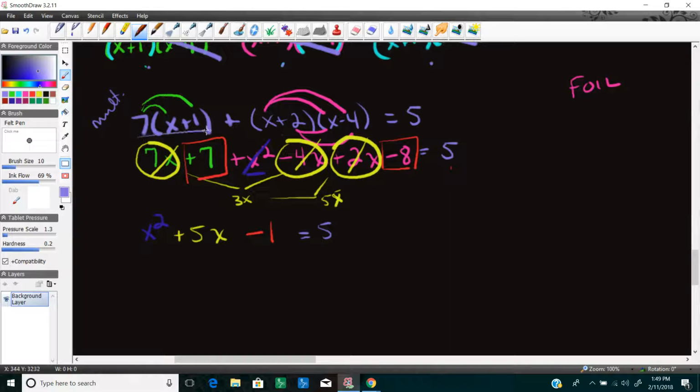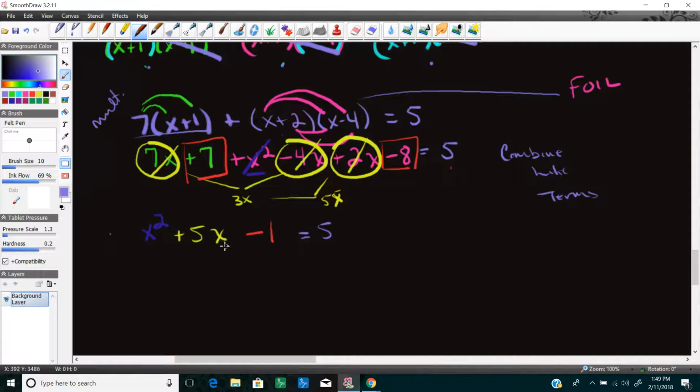Multiplying the first term is distribution: 7 times (x + 1) was 7x plus 7. This one was FOIL. We multiplied this whole thing out and got everything here, and then just brought everything down. After that, we combined like terms, which is the little circles and squares that I did here. And that leaves us at this point right here.